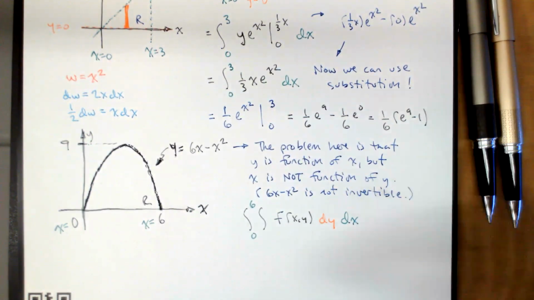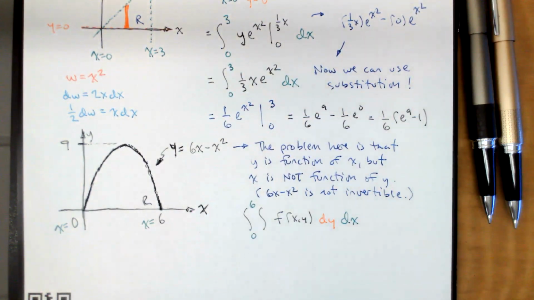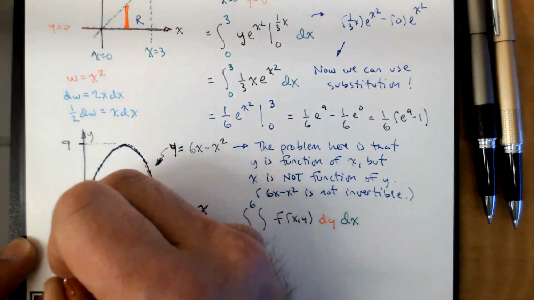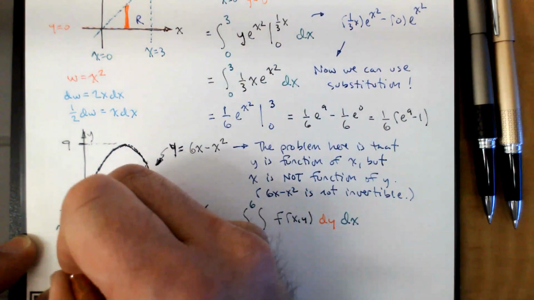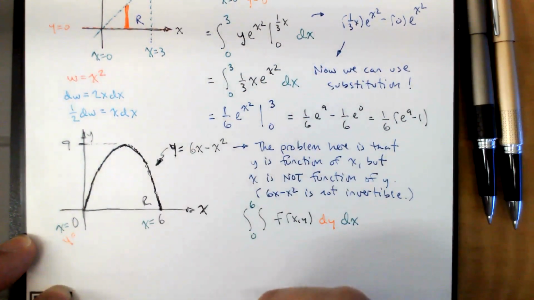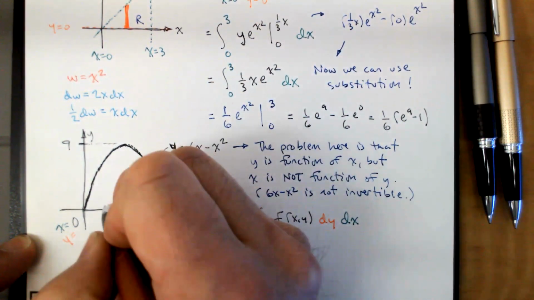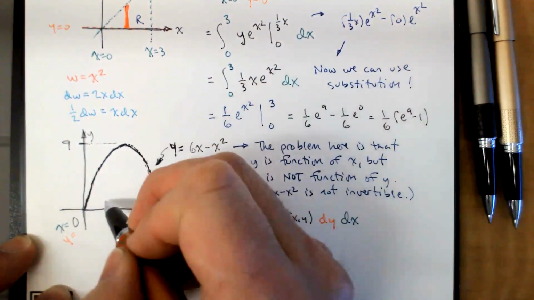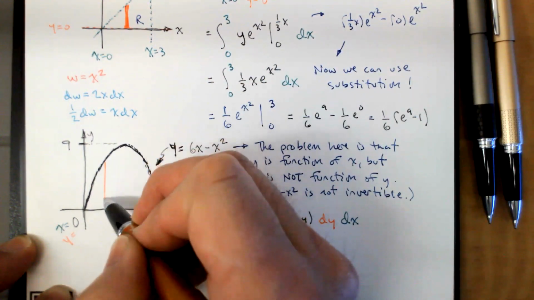And then the y integral is from the bottom to the top. So the bottom of this is y equals 0. So for a typical x value, the bottom is going to be y equals 0, and the top will be the function.